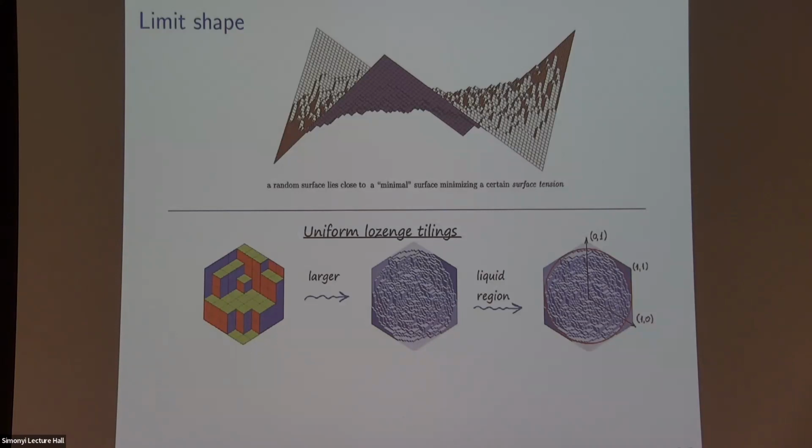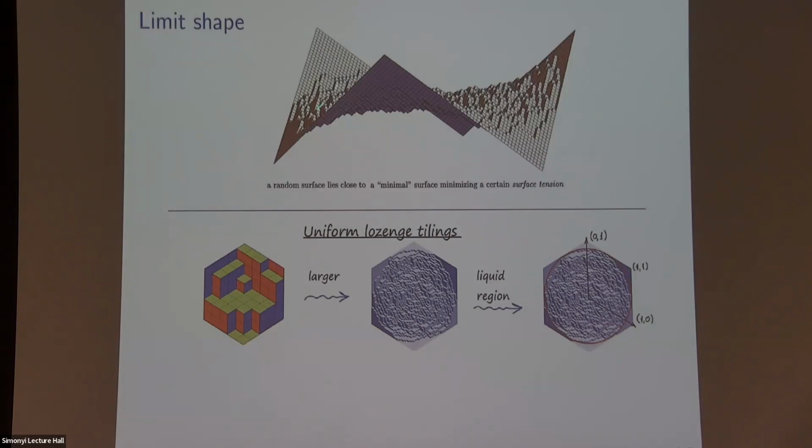However, in general, it's hard to identify this surface. We always know that this is a minimal surface minimizing a certain surface tension, but the hard question is to identify this concrete surface in each concrete case. But in the setup of lozenge tilings with the uniform measure on hexagons, it is known.